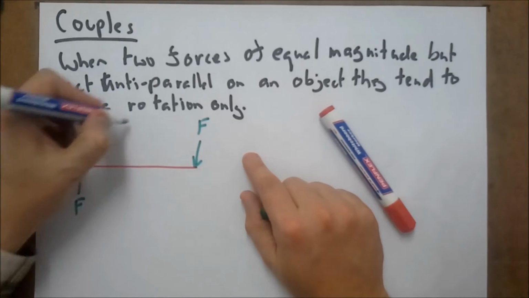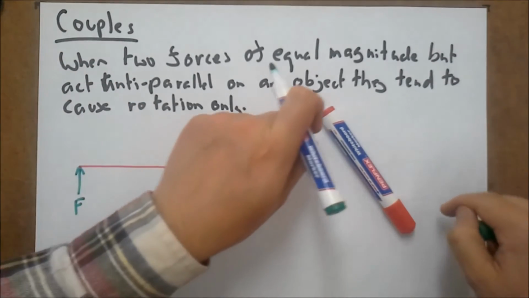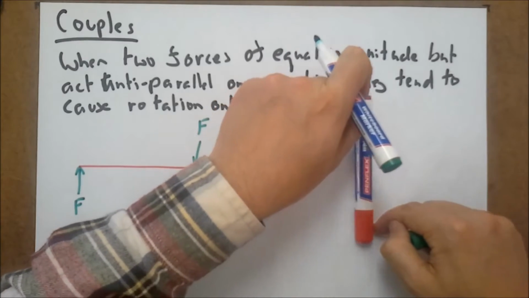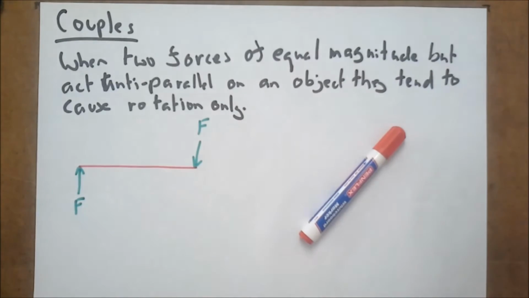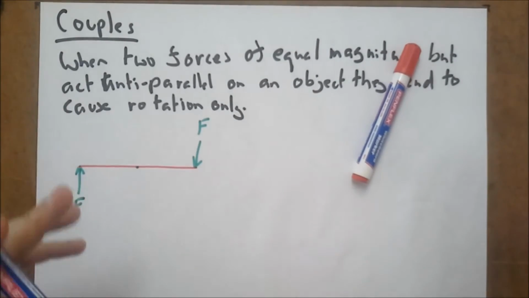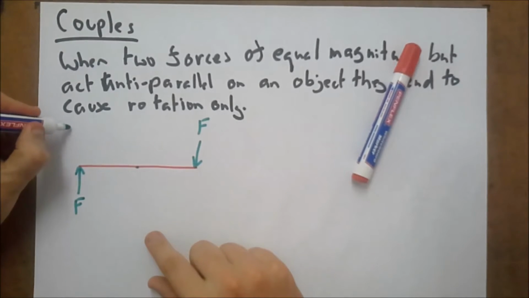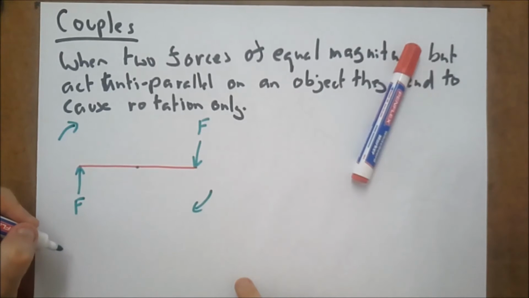These would tend to cause the object to rotate around. For example, my little pen here will just tend to turn around like this.